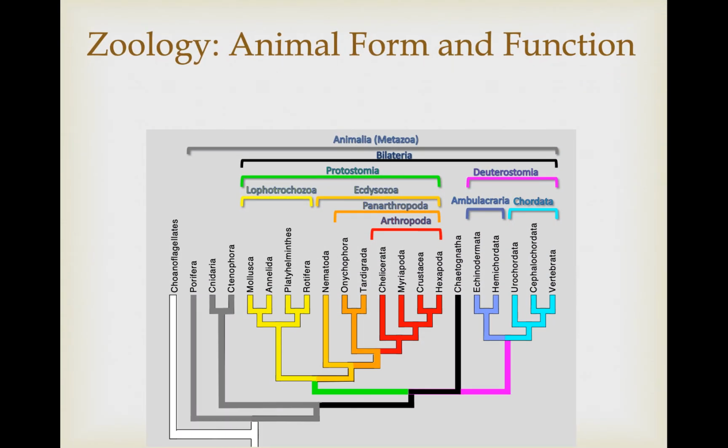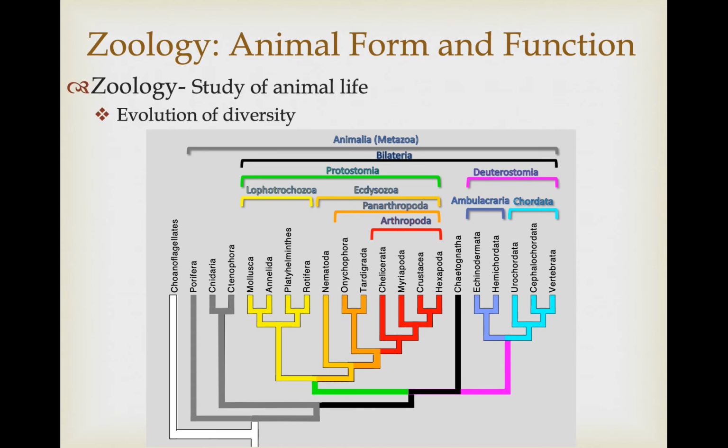But just talking about those types of traits and their function doesn't make a lot of sense in biological terms unless you put it into an evolutionary perspective. So we're going to be using phylogenies to understand the evolution of the diversity of different organisms, so understanding the major lineages, and you'll be seeing this figure a lot.